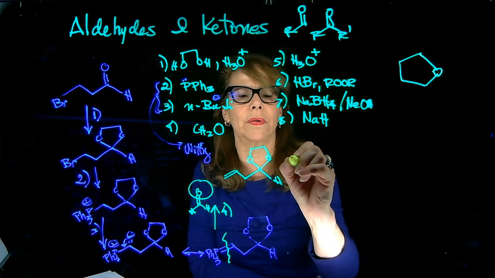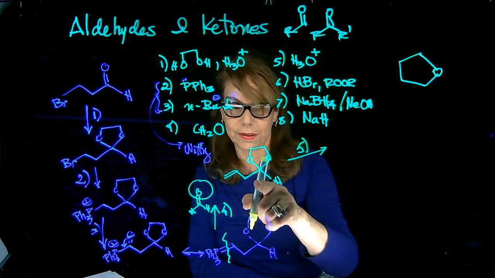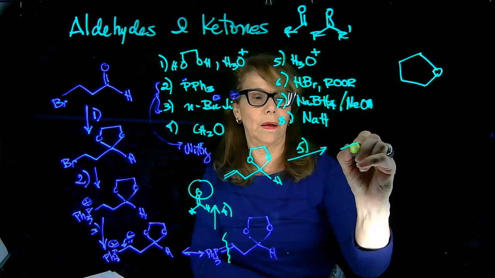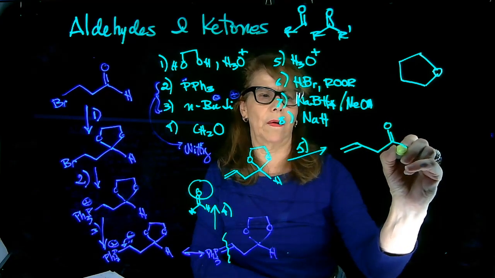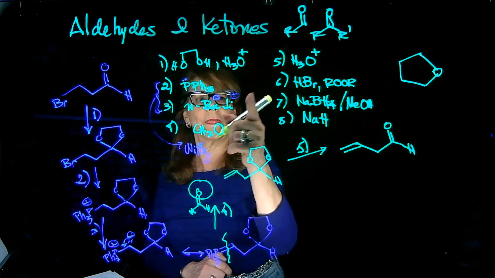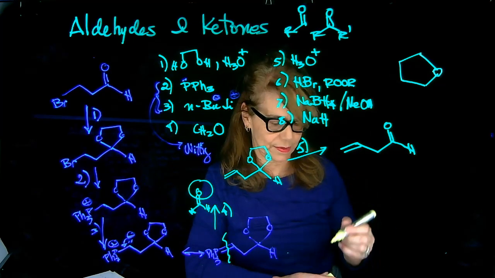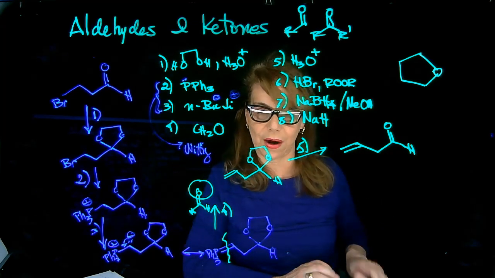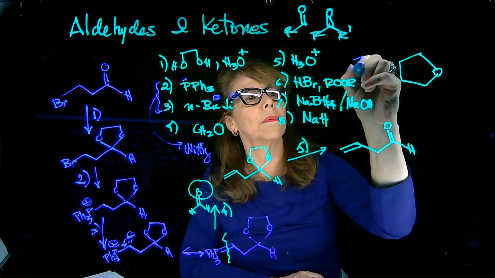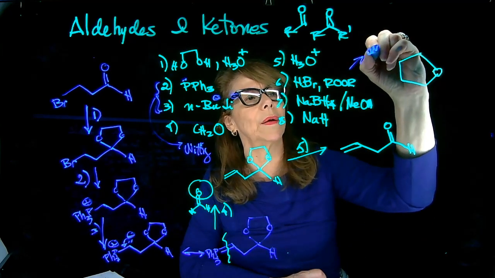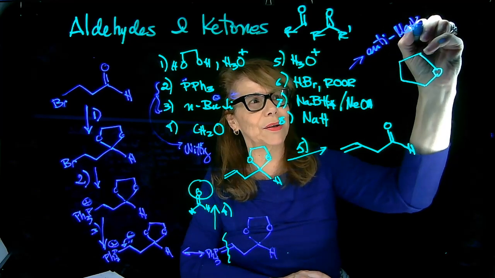Reaction 5. That is the hydrolysis of the acetal. So I'm going to go to the carbonyl now. Next, I'm doing HBr with peroxide. So HBr with peroxide, the hydrohalogenation is happening anti-Markovnikov.